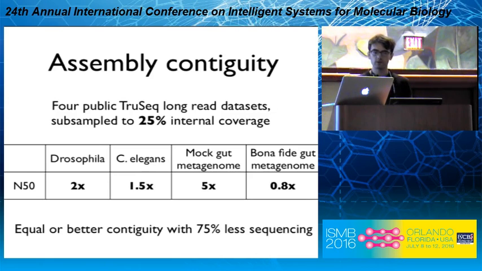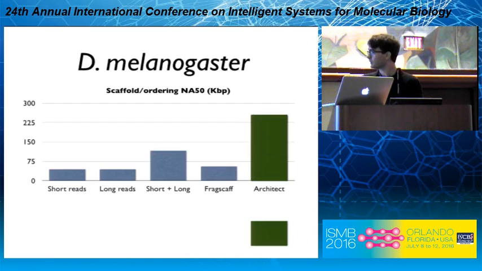The high-level result is that we can get equal and often substantially better contiguity in terms of N50 length using 75% less sequencing. Let's look in more detail at one example. In the case of Drosophila, there are a few things to note here.